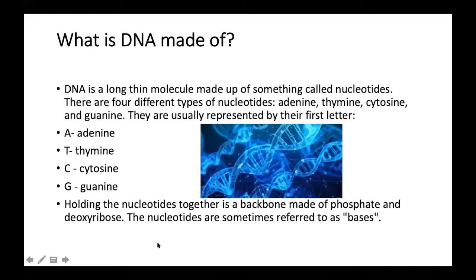DNA is a double-strand molecule made by nucleotides, also known as bases, made by a phosphate group and deoxyribose. These different nucleotides are adenine, thymine, cytosine, and guanine. We usually represent these nucleotides by using their first letter: A for adenine, and likewise for thymine, cytosine, and guanine, so we're going to use only their first letters.